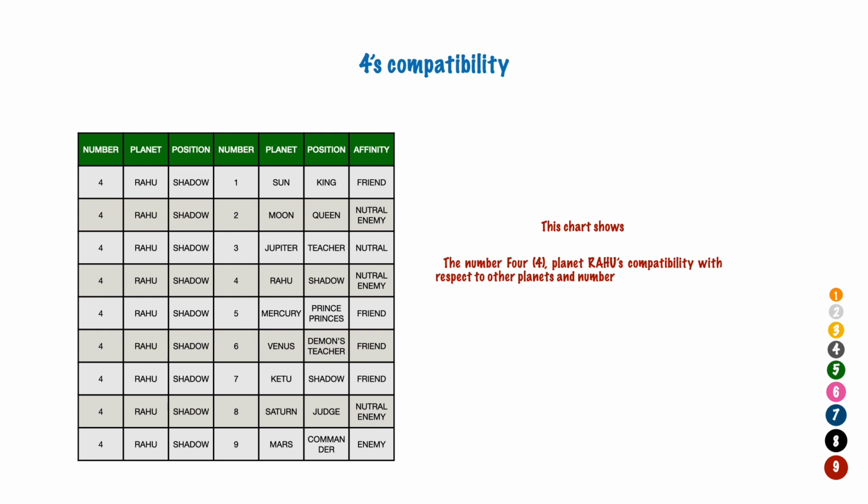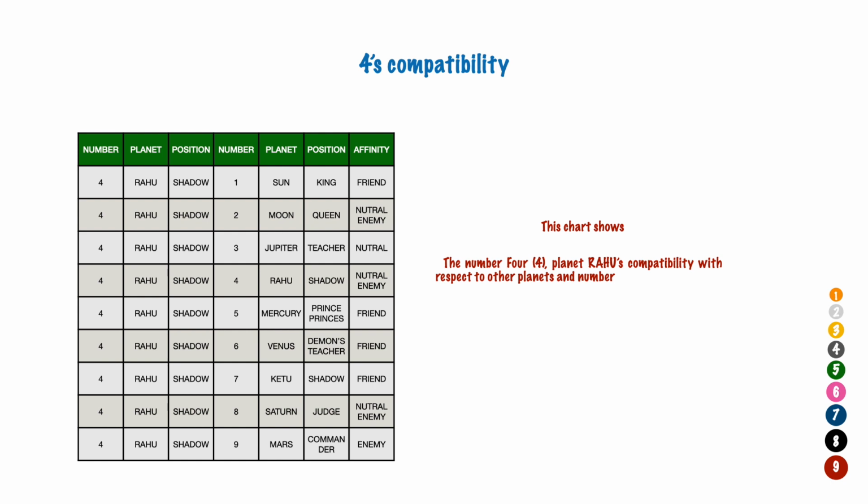Number 4 is Rahu or shadow person. Number 5 is Mercury, so they are friend. Number 4, Rahu, so-called shadow person. Venus, 6 and demon's teacher, so-called, they are friend. Number 4, Rahu. Number 7, Ketu or shadow person, they are also friend.